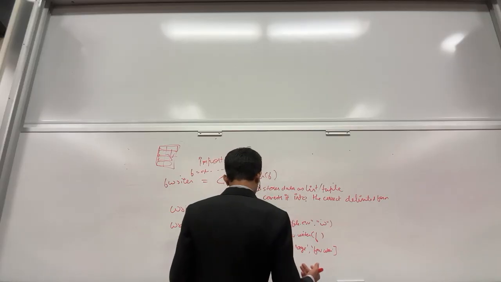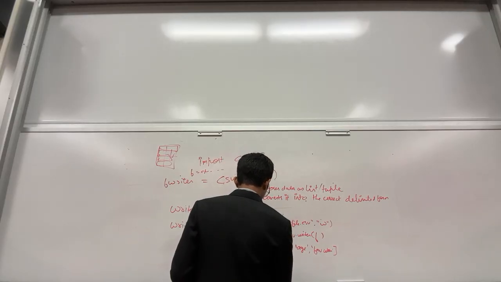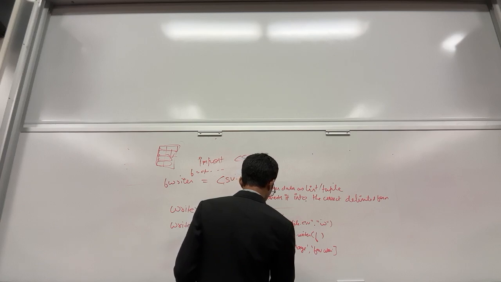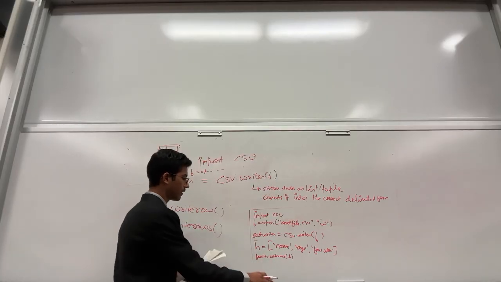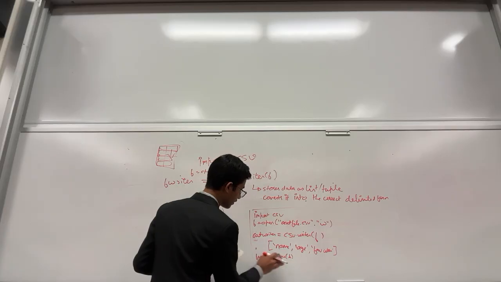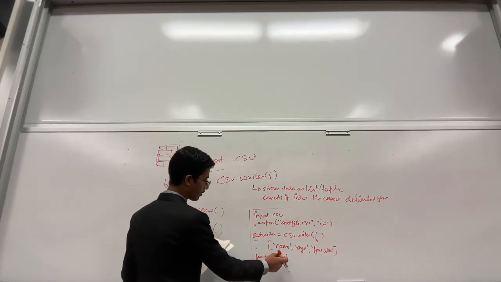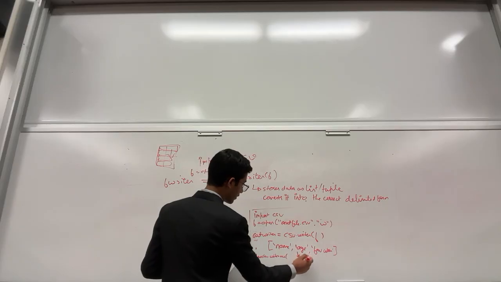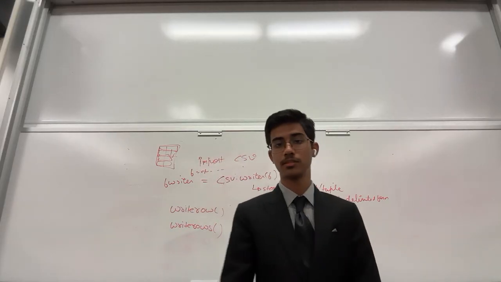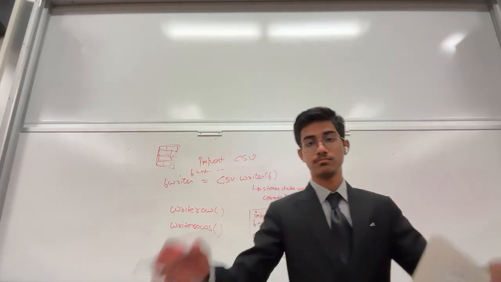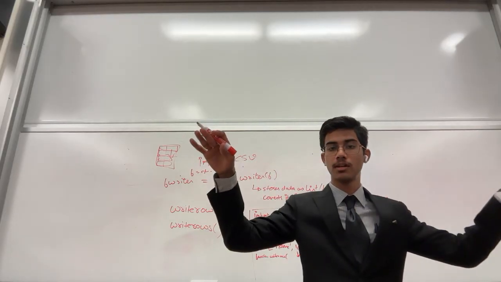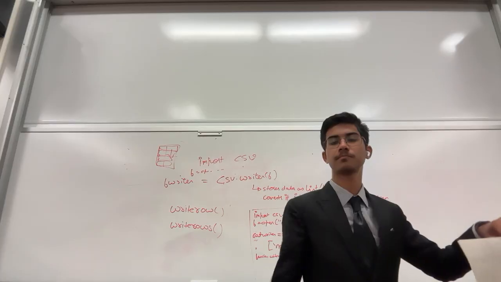And now what I'll do is I'll write fwriter dot writerow h. Or to save time, I could simply write fwriter dot writerow and put in this list within the parentheses and close the parentheses. That does the same thing. So now my file has a heading row as name, age, favorite color.